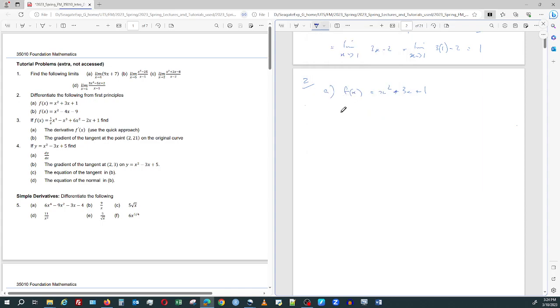So from that we can take our tangent gradient is rise over run, then we've got f dash of x, and that will be equal to the limit as h approaches 0, so that's our insurance policy, of f of x plus h.